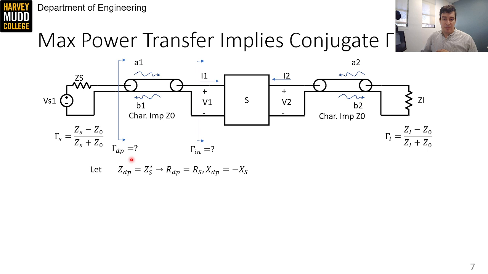Great, to get maximum power transfer, we need ZdP to be a conjugate match to ZS, so let's assume that. And that has the implication that the resistance of S is equal to the resistance of the driving point, so Rs is RdP, and that the reactance XS is the opposite of XdP, so there's a minus sign here.